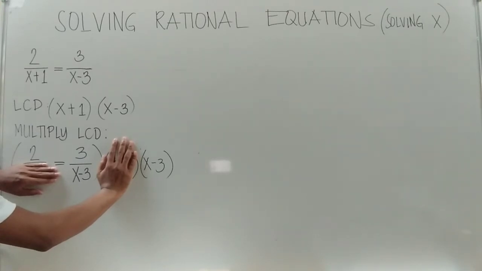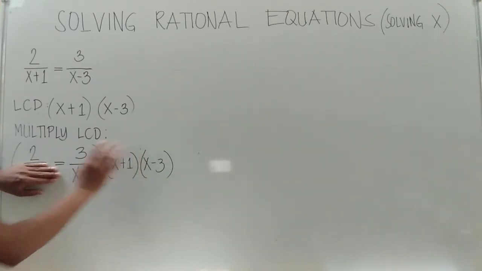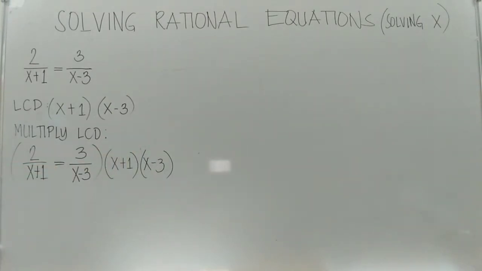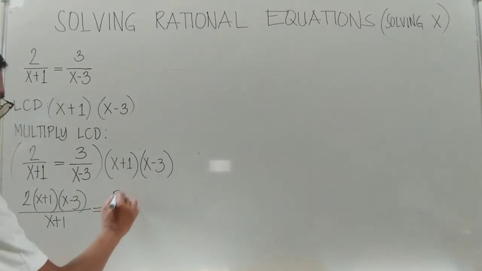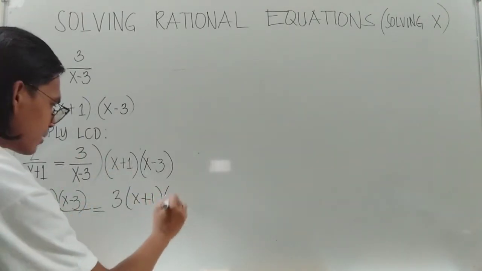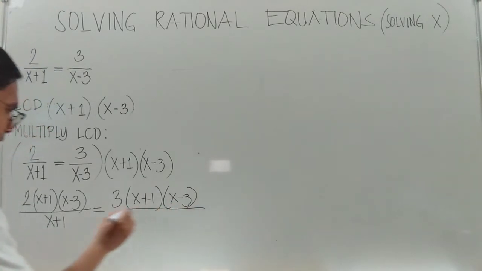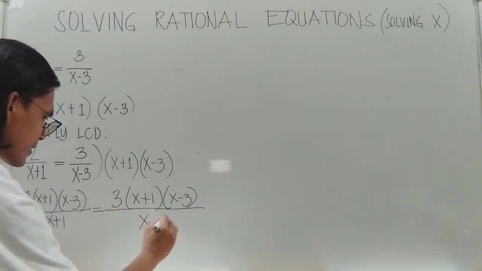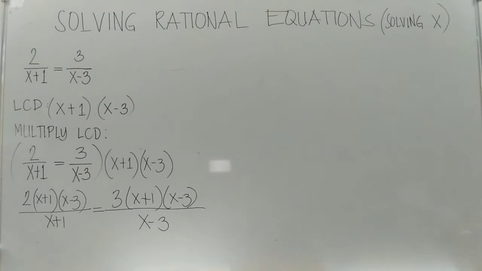So we will just multiply x minus 3 to the numerator. Or if you cannot get it, let's multiply it one by one. So 2 times the quantity x plus 1 times x minus 3 over your denominator x plus 1, equals 3 times x plus 1 times x minus 3 divided by your denominator x minus 3. Then let us divide.